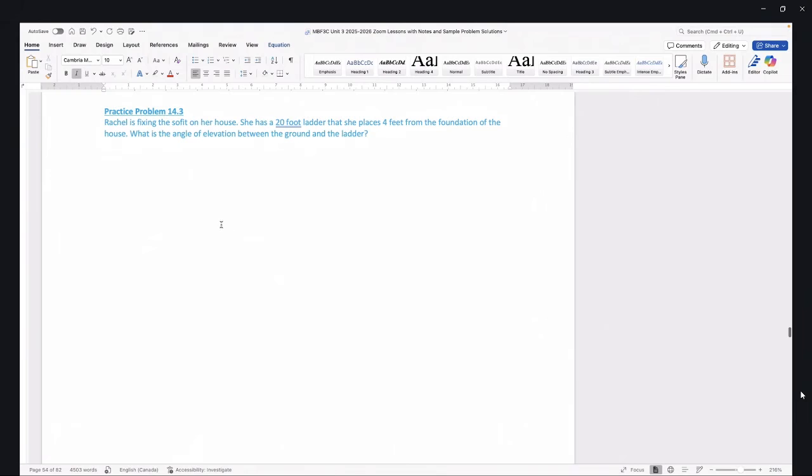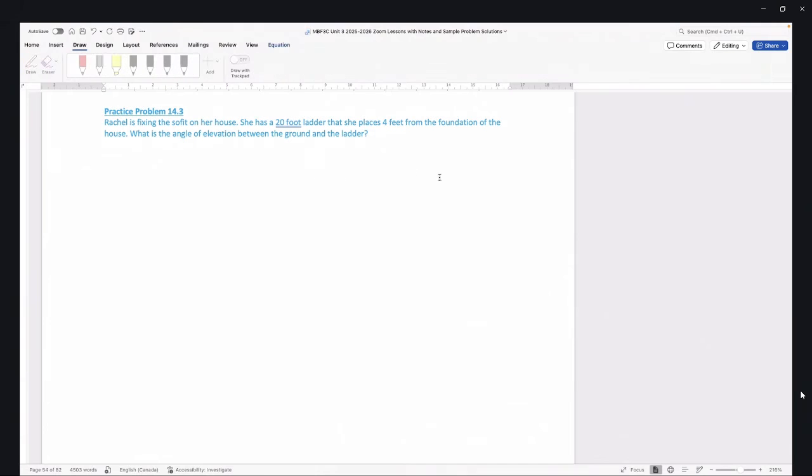So we're talking about a house. Again, I apologize because my drawing skills are not that great when trying to draw with a mouse freehand. So I'm just going to draw a tall, skinny house, let's say.